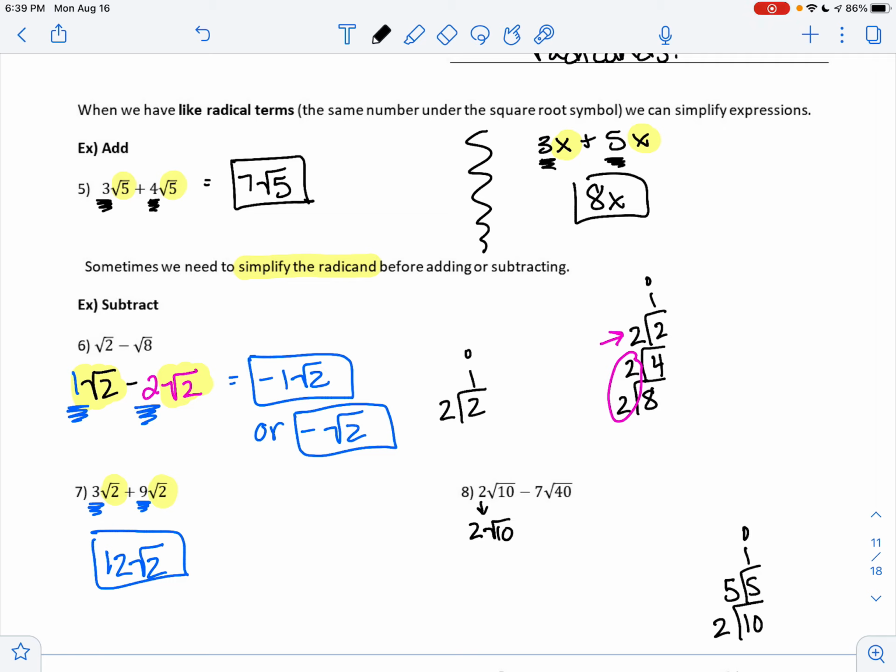Now I'm going to do the same thing with the next one. I'm going to bring down my negative 7, and I'm going to do birthday cake for 40. The smallest prime number that goes into 40 is 2. 2 goes into 40 20 times. The smallest prime number that goes into 20 is 2. 2 goes into 20 10 times.